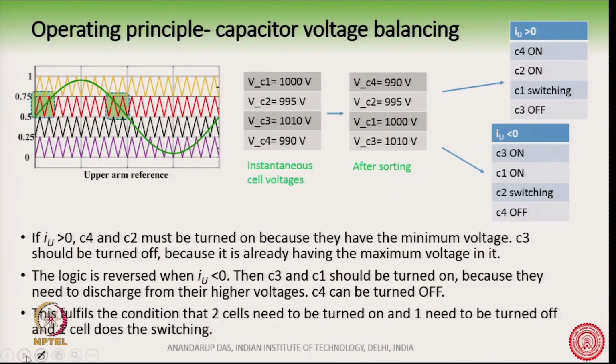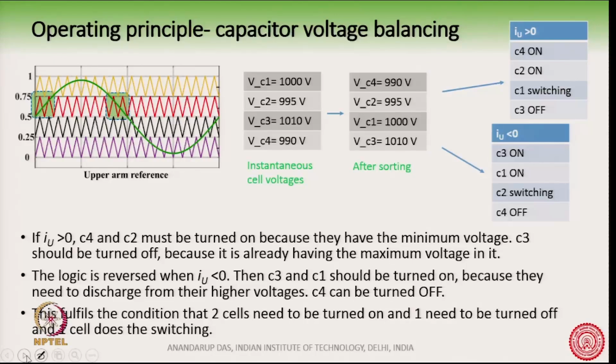Next, what happens? You see here that now we have to decide which cell needs to be turned on, which cell needs to be turned off, and which one will be doing the switching.